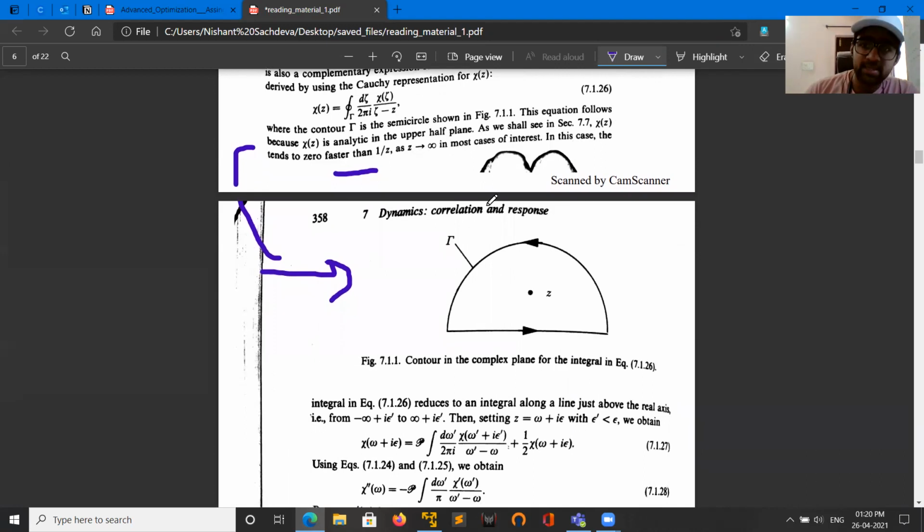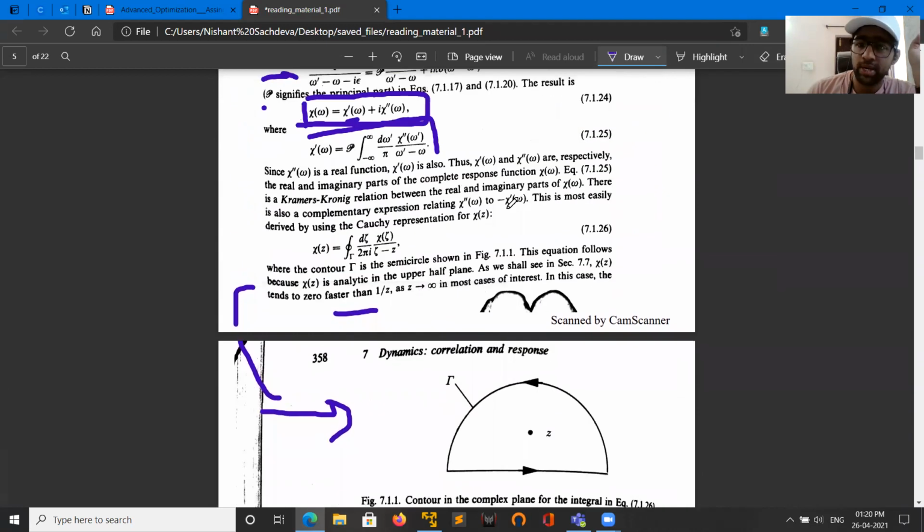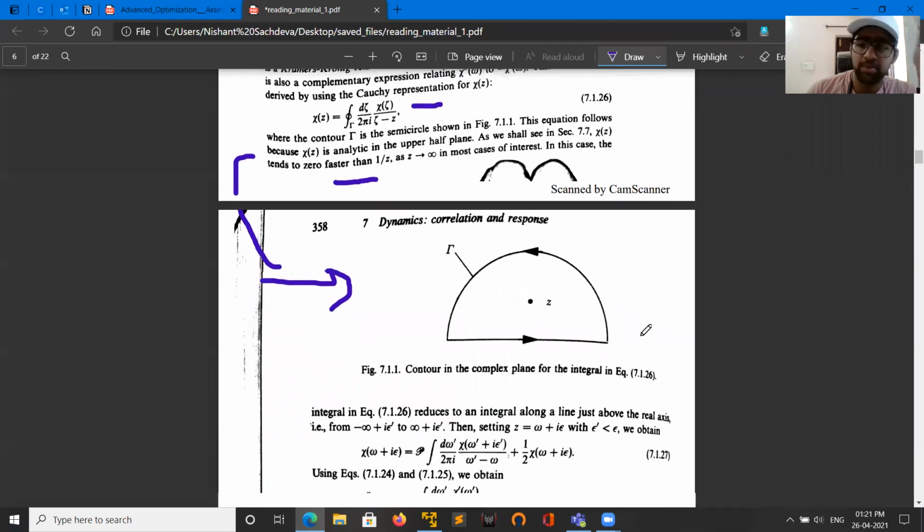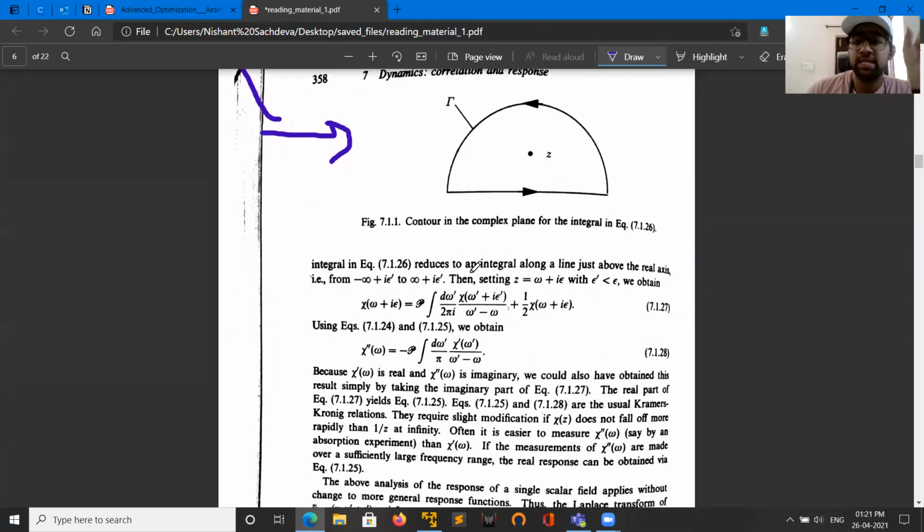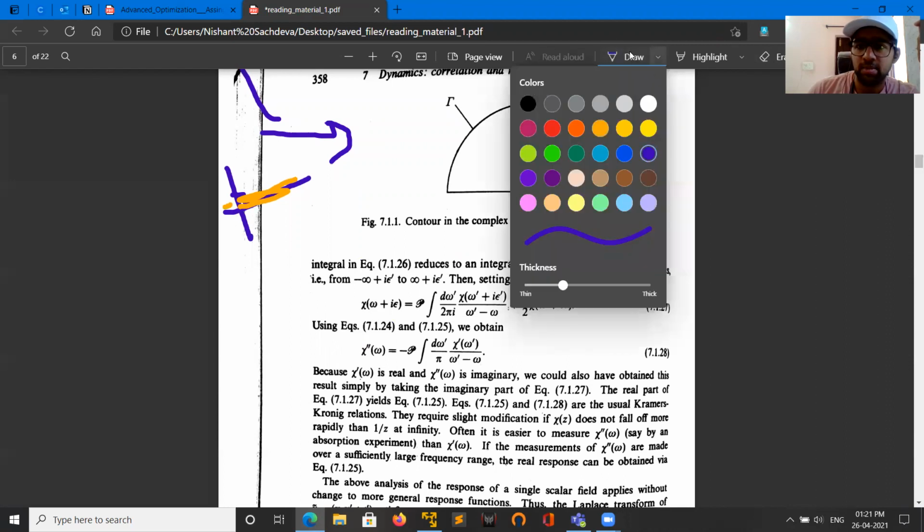In this case, the integral in 7.1.26, which is basically the Cauchy representation, reduces to an integral along a line just above the real axis, that is from minus infinity plus iota epsilon dash to infinity plus iota epsilon dash. So just above the x-axis, just above these ranges over here. It's a bit more complicated than I'm drawing it, but okay.